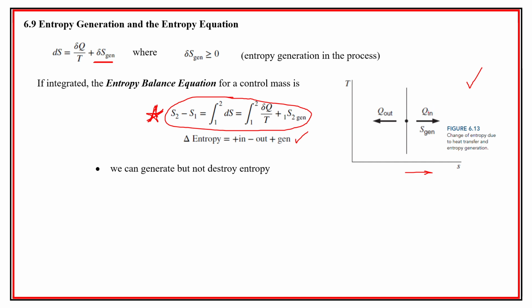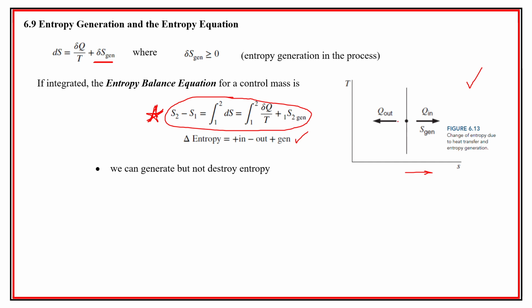And the heat in is just the function of adding heat to a system, to a control mass. We go to the right because we added heat in, or because the nature of the process generated entropy.